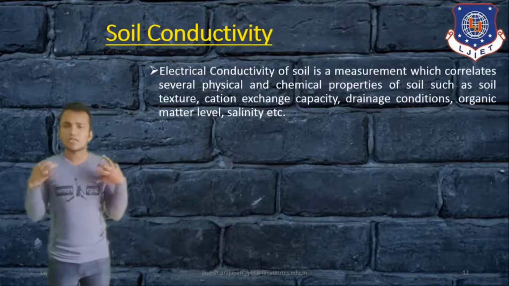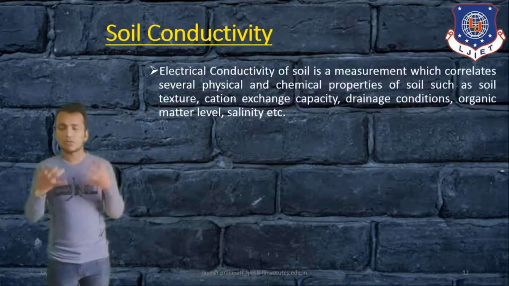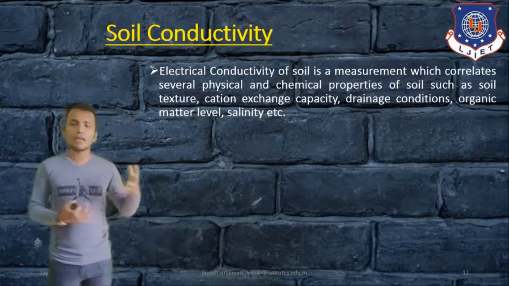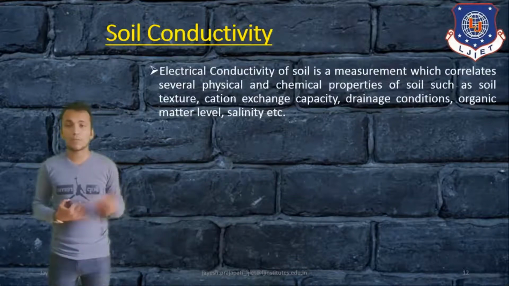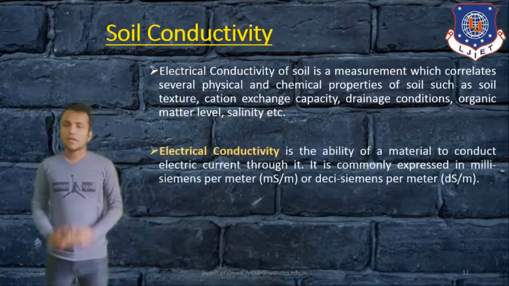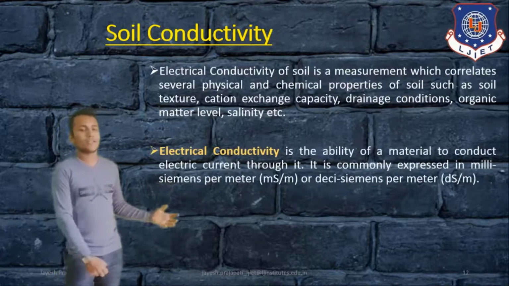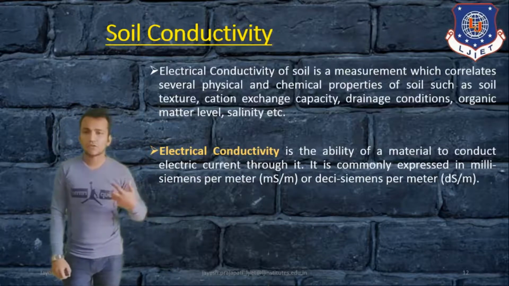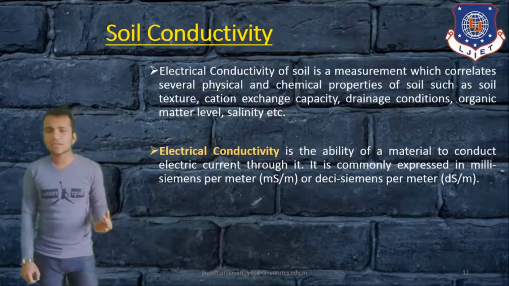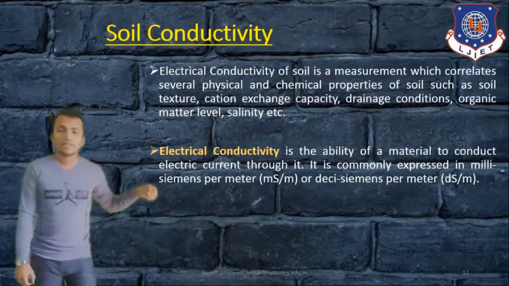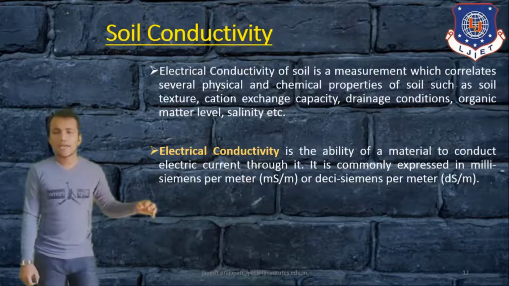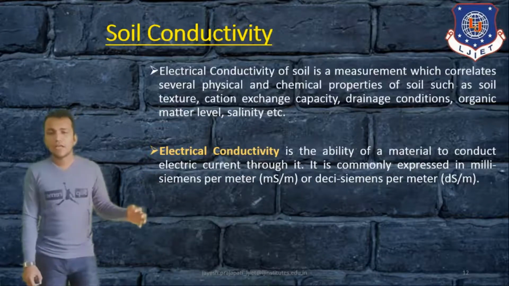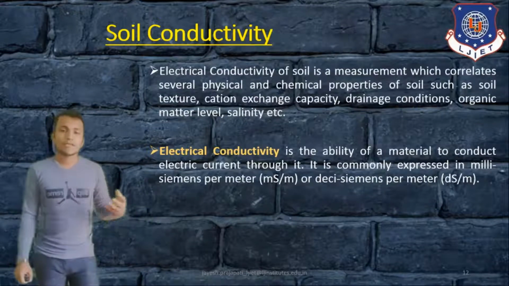Salinity, that means the salt level in the soil, can be measured from this, and it also depends on conductivity. Electrical conductivity is the ability of a material to conduct electrical current through it. It is commonly expressed in millisiemens per meter, mS/m, or decisiemens per meter.